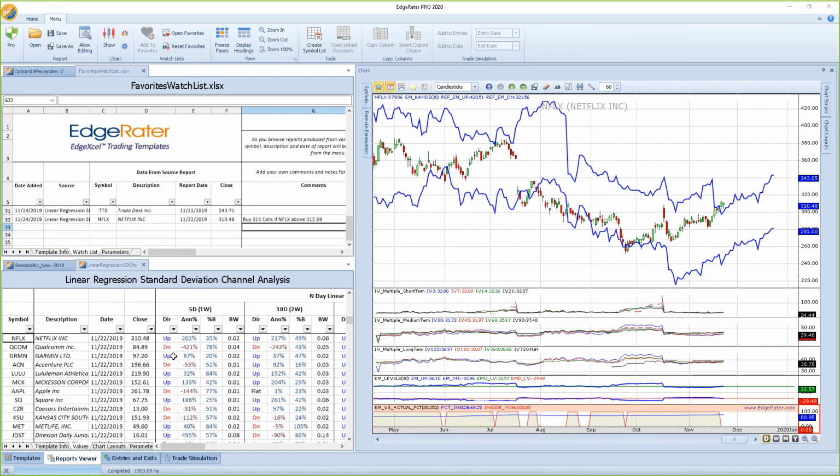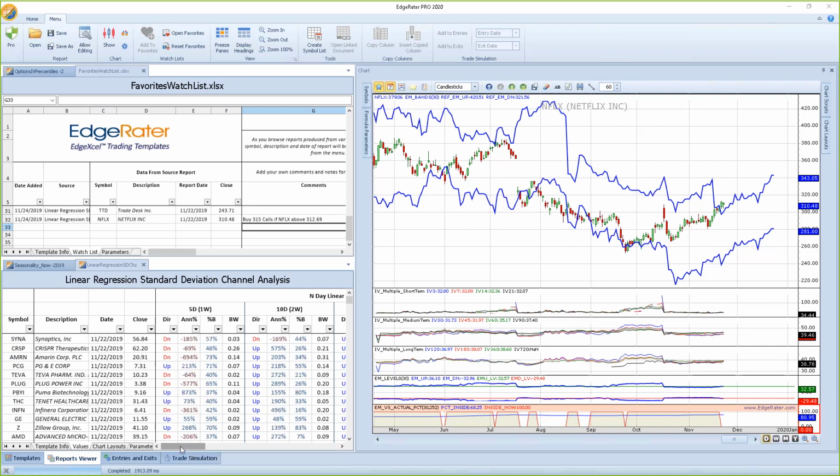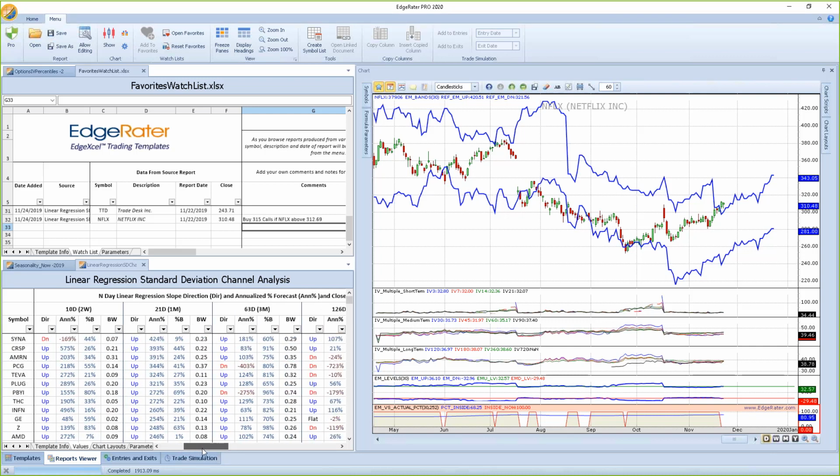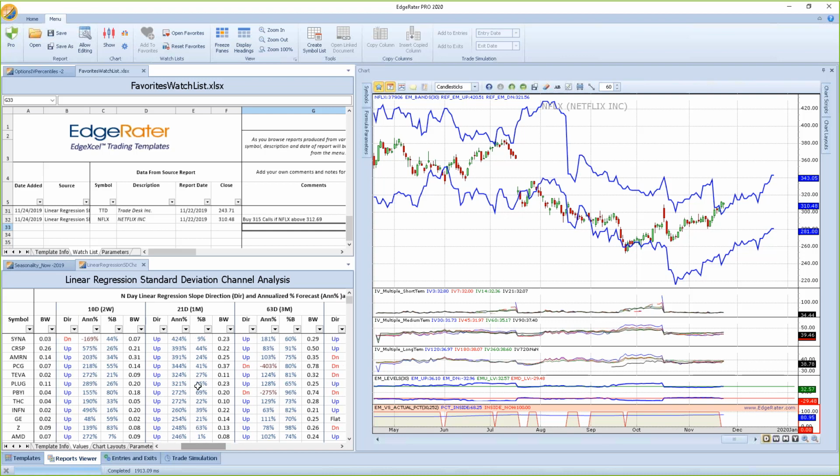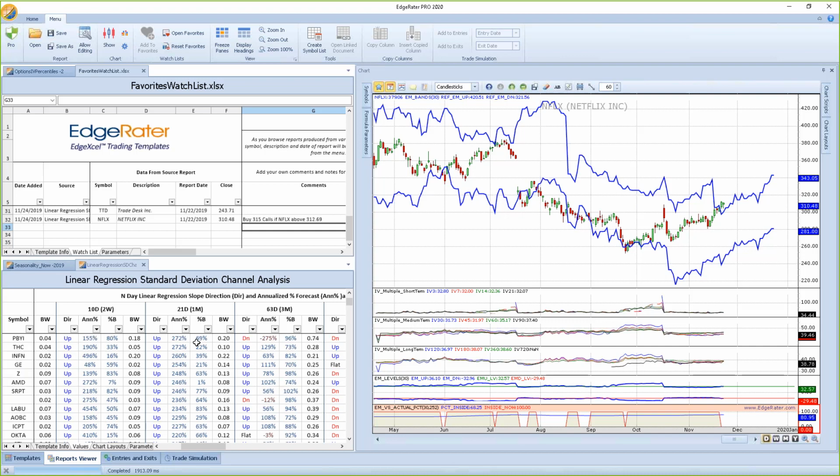Again, you had that sorted by annualized growth, the 30 period annualized growth, or the 1 month. So how far did we get down that list? We were looking at ALGN, I think.